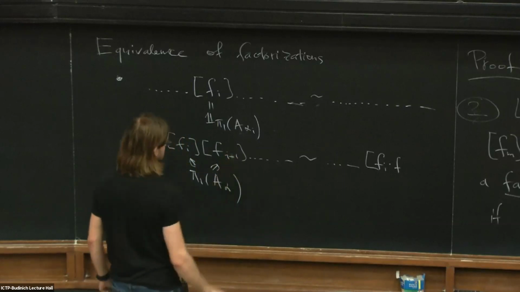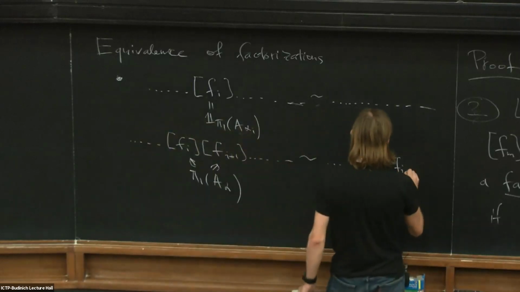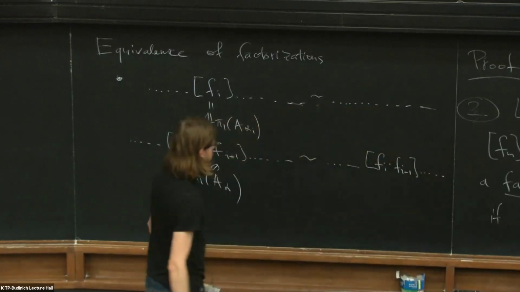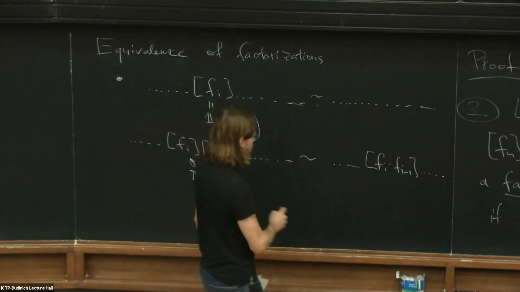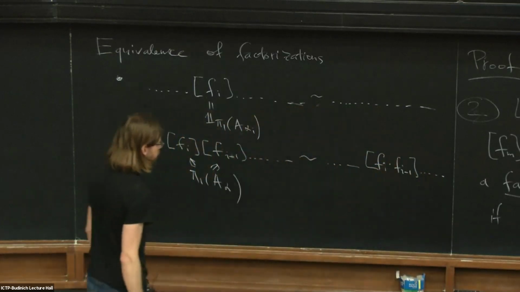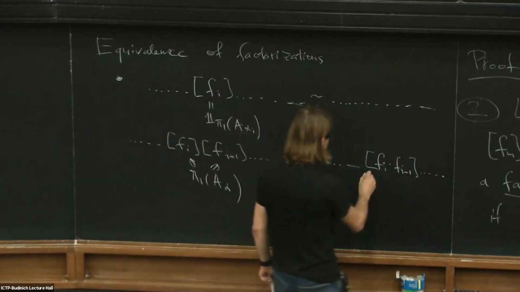The point is that we can replace a sequence of two consecutive elements with a single one by considering the class of the composition.